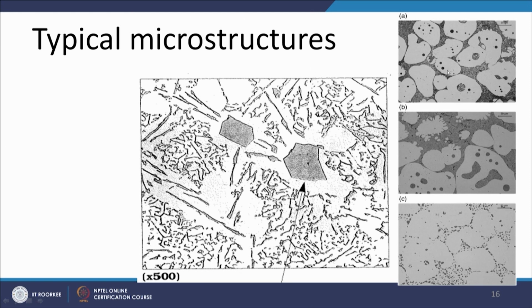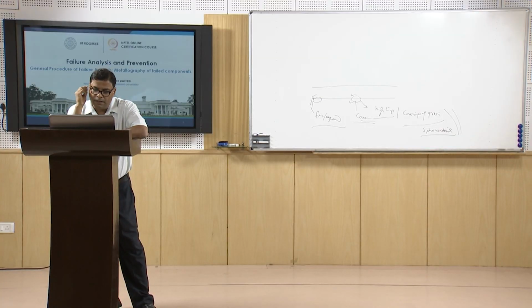Semi solid processed aluminum alloys show a non-dendritic structure, and when such structures are subjected to heat treatment, we find that at the grain boundary there are very fine precipitates. It is more difficult to nucleate the crack, whether at the grain boundary or within the grain, if the precipitates are fine and spherical.